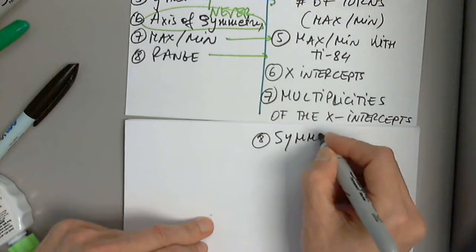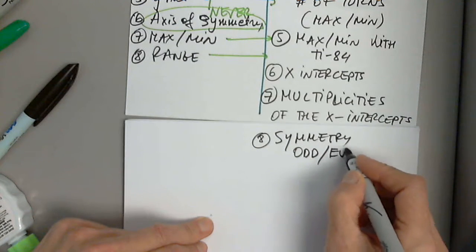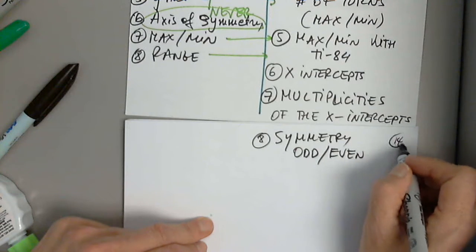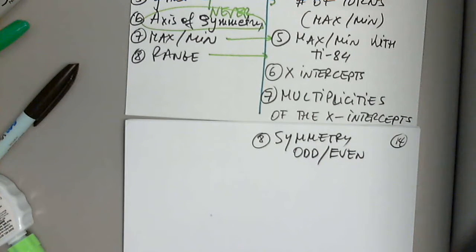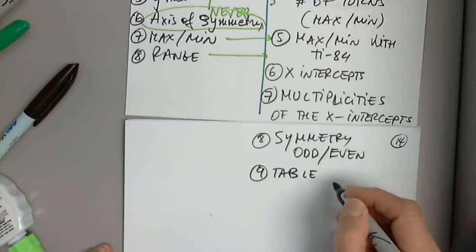Symmetry. We mean odd or even, if that's the case. Here I recommend a table of values or ordered pairs.